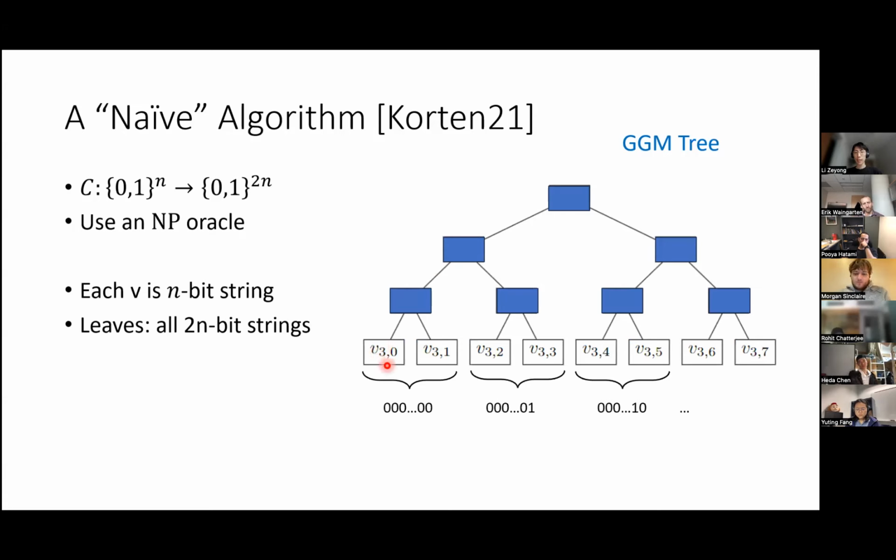Every vertex is an n-bit string, so I need two vertices to form a 2n-bit string, and I'm going to fill them with all possible 2n-bit strings. So all 0, 1, 2, 3, until all possible 2 to the 2n possibilities. As a consequence, this tree is going to be humongous. It's going to take the size of 2 to the 2n, but don't worry about this for now. We'll fix that issue towards the end.